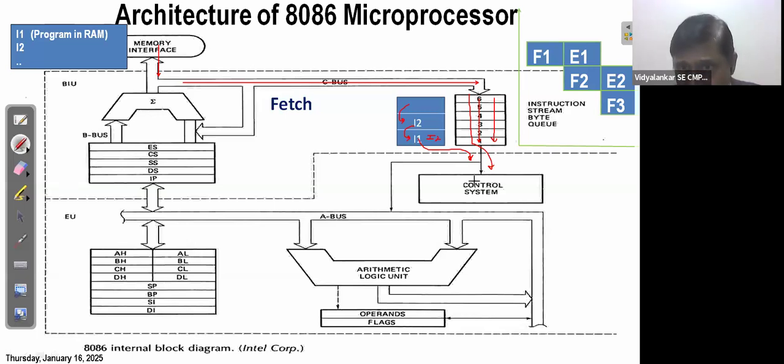EU, that is execution unit, will take instruction 1 from this queue. So this queue is basically a bridge between BIU and EU. अगर आपको समझ में आ रहा है तो instruction queue is a bridge between BIU and EU.